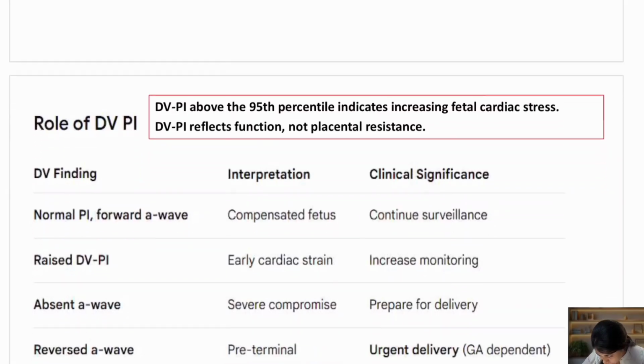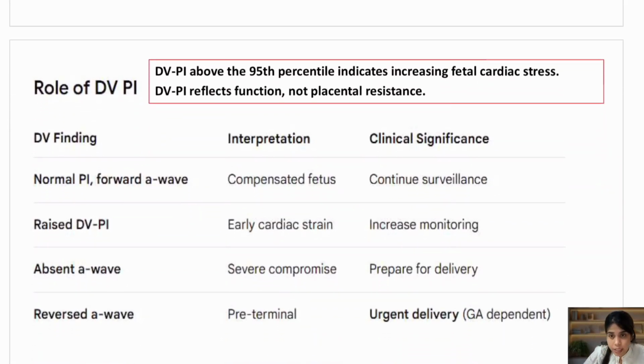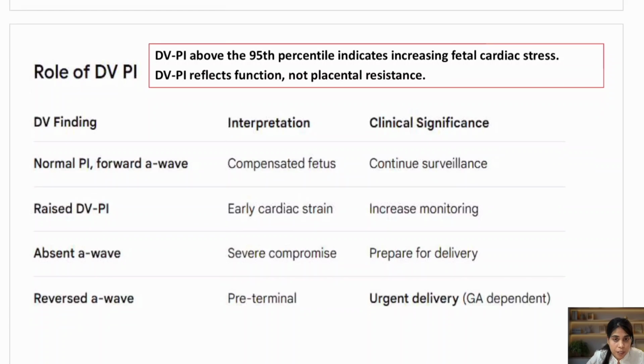There is also a role of the ductus venosus pulsatility index. If it is above the 95th percentile, it indicates increasing fetal cardiac stress. It doesn't tell you about the placental resistance, it tells you about the fetal cardiac stress.